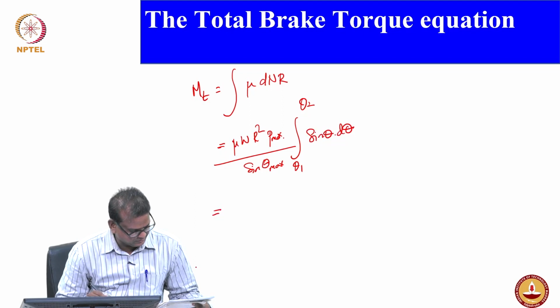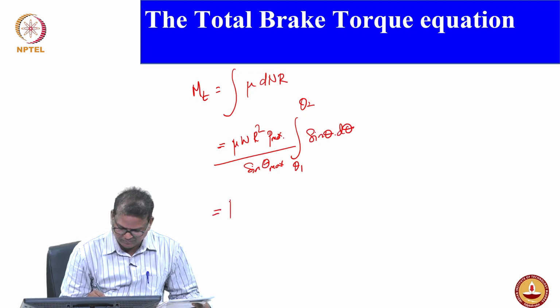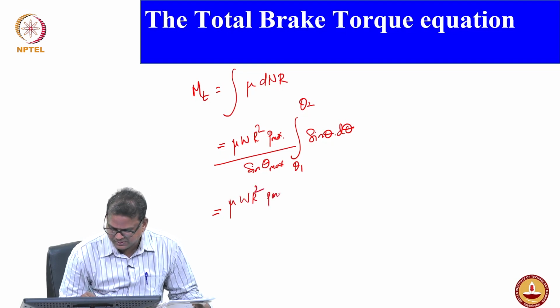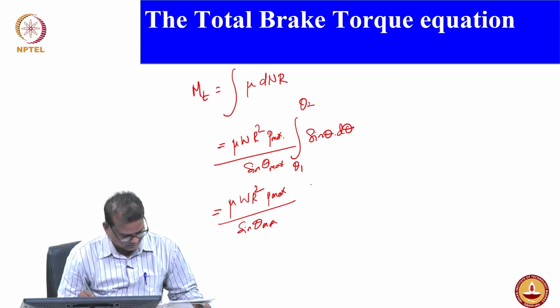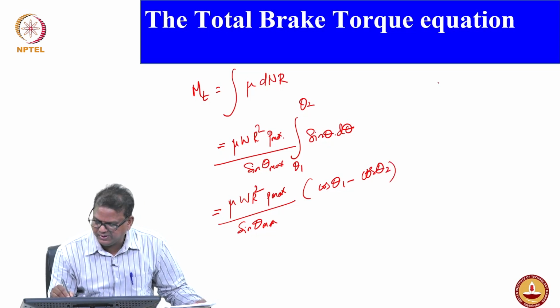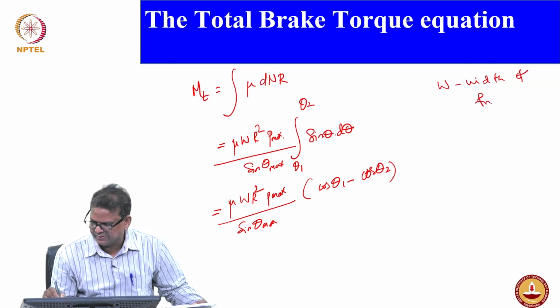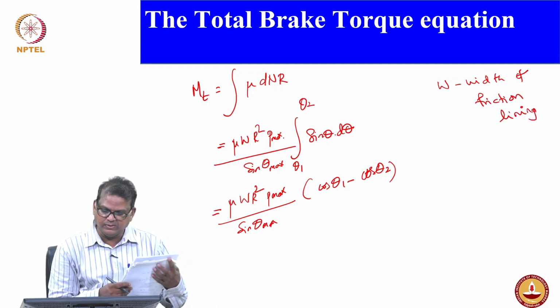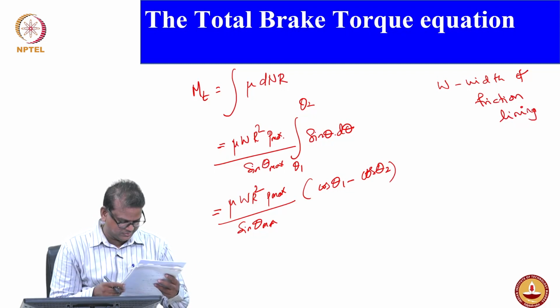After integration, it is mu w r square P max over sin theta max, times cos theta 1 minus cos theta 2, where w is the width of the friction lining. So this is about the total brake torque equation.